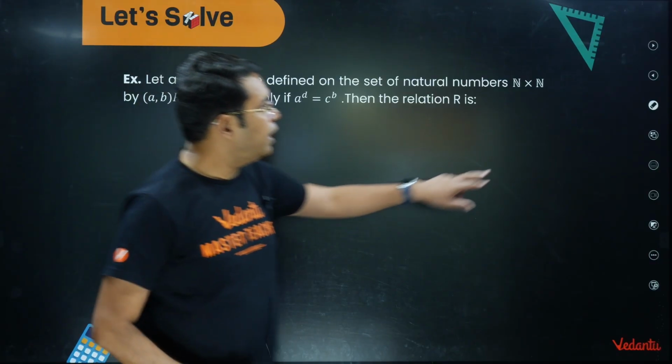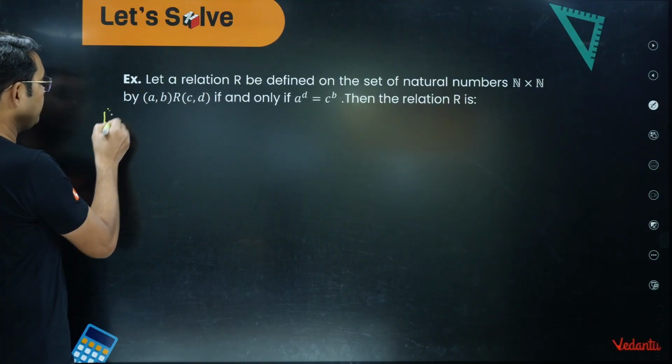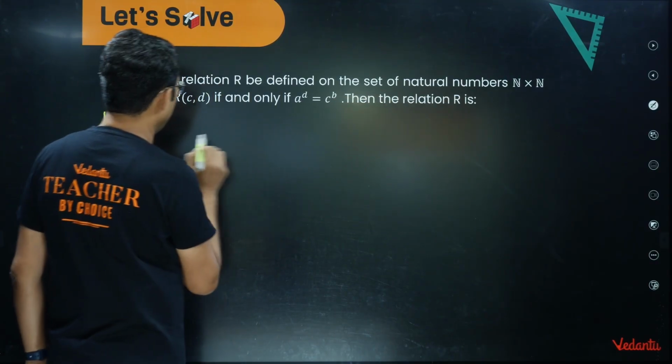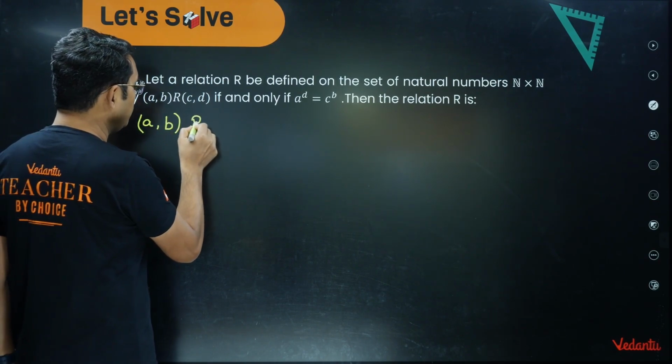So first I'll be checking whether this relation is reflexive or not. Reflexive means every element of N × N, that will be of the form (a, b), should be related to (a, b).